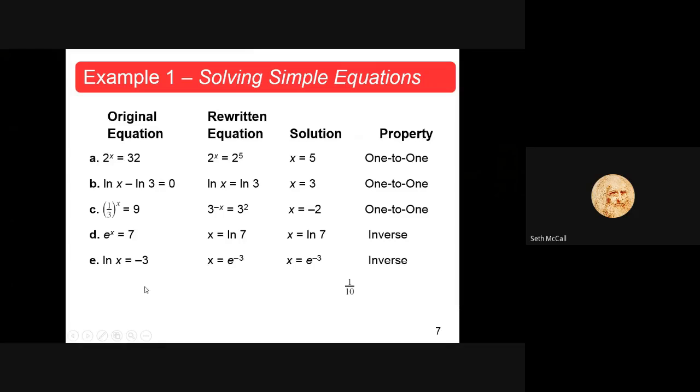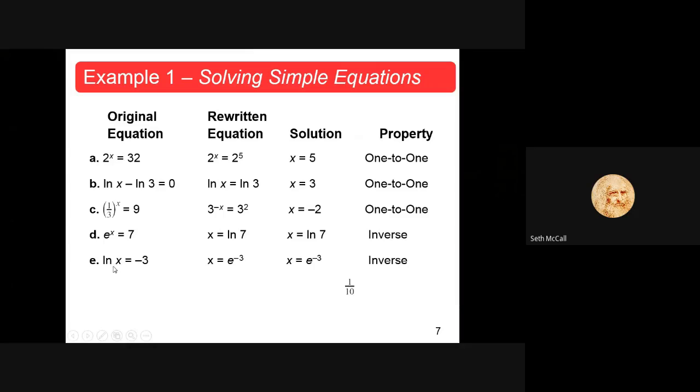Part E is very similar. We have natural log of x is equal to negative 3. So this is the exact opposite of part D. In D, it was in exponential form. You had to put it into logarithmic form. In this case, it's in logarithmic form for part E, and we're going to put it into exponential form. So this is log base e. That's what natural log is.